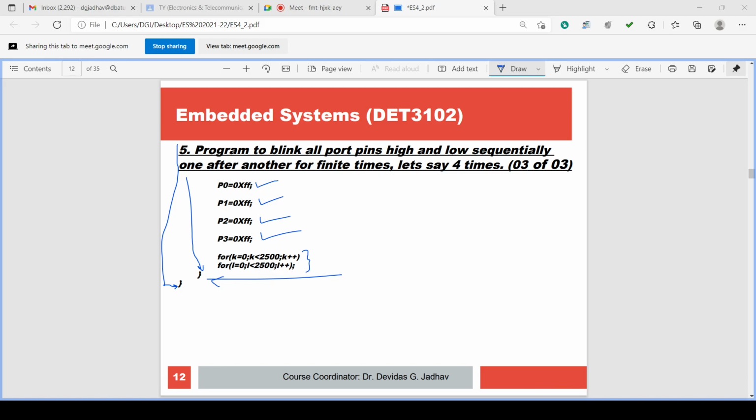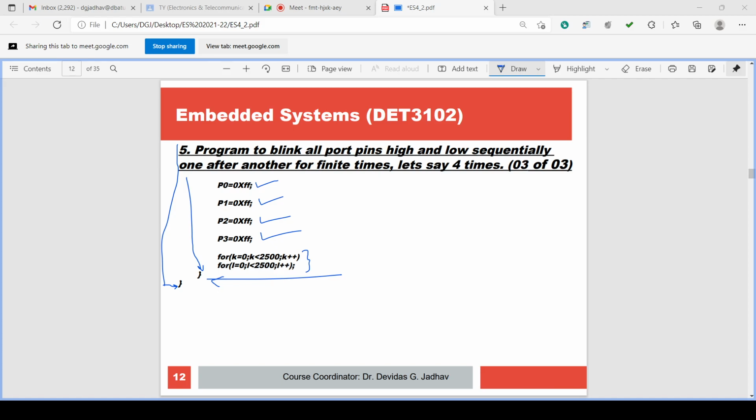For some time we are sending 1, the LED starts emitting light. After some delay we send 0, the LED becomes off. The LED stops emitting the light. So the LED starts emitting light, the LED stops emitting light, and in between there is a fixed delay.